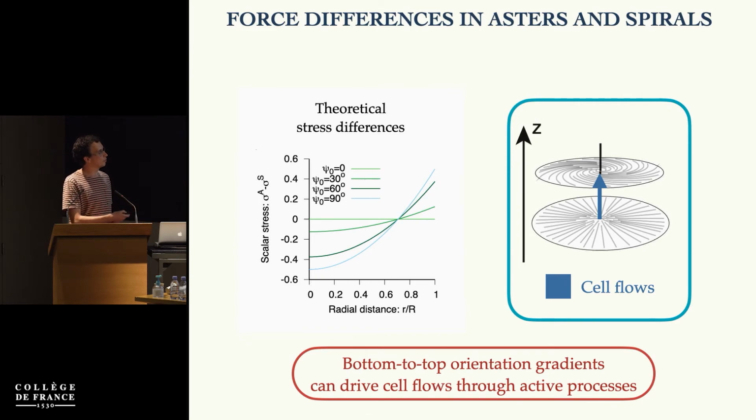In particular, what we expect is that at the center of these mounts, there is an excess compression in the aster with respect to the spiral. And now you could imagine that this excess compression leads to cell extrusion, and this cell extrusion would move the cells vertically upwards. So this is a candidate for the driving mechanism for the growth of the protrusions.